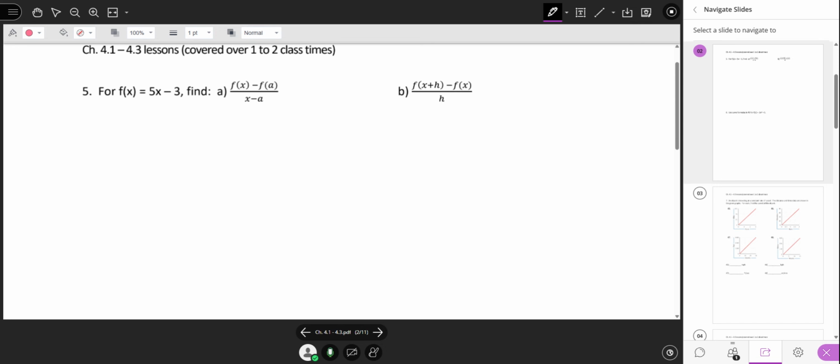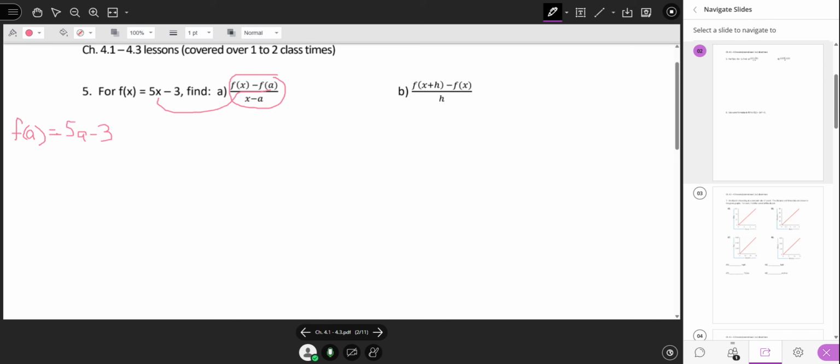So for part A, the first thing you've got to do is find f of a, which is so easy. All I do is put a where x is. Now I work this whole thing. Okay?